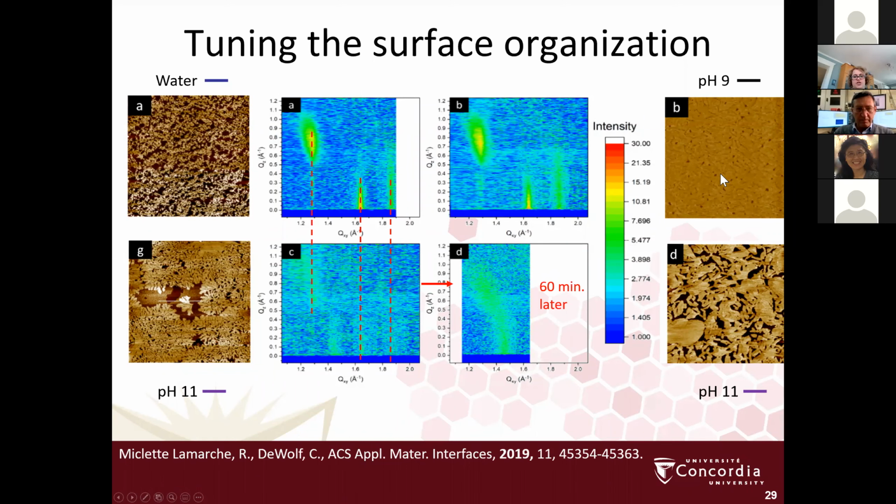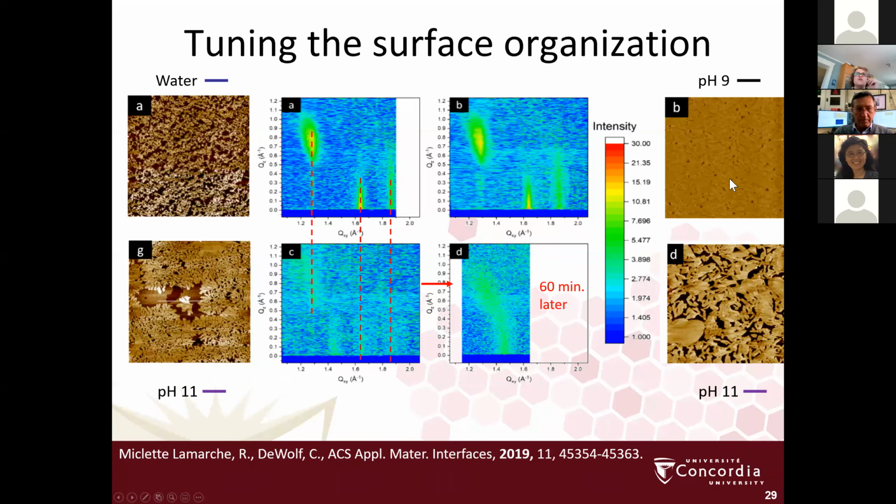Despite the huge change in morphology, we have absolutely no change in the diffraction pattern. So what that's telling us is, although the domains themselves are repelling because of an accumulation of charge, the structure within the domains is remaining the same.